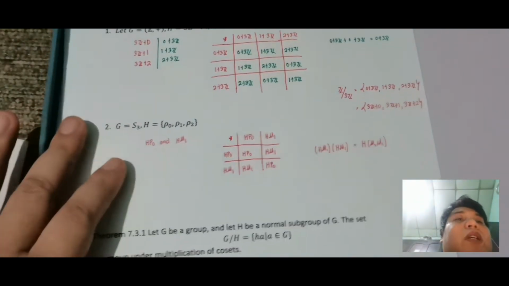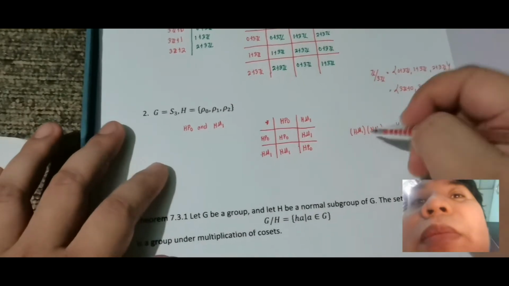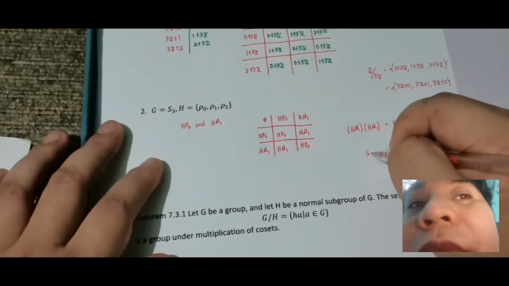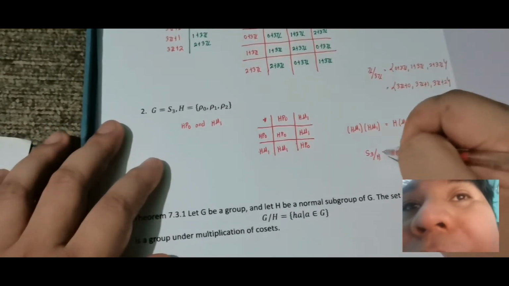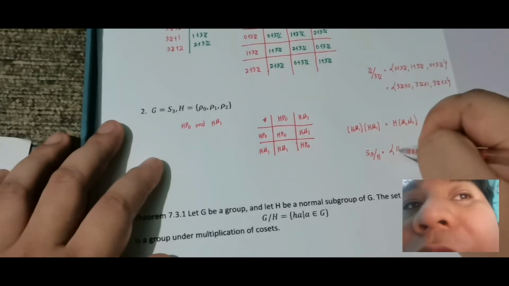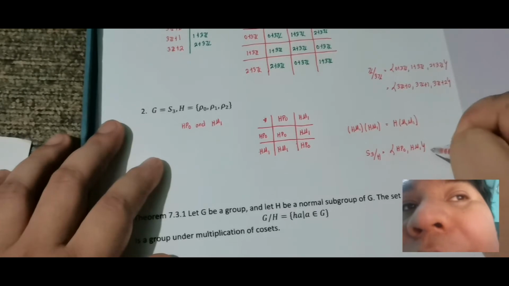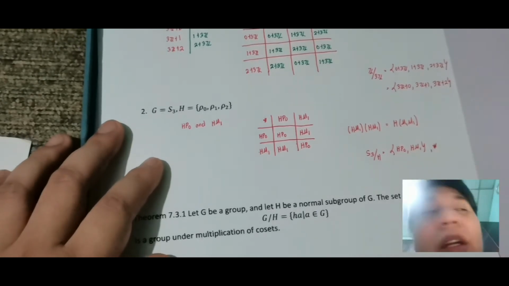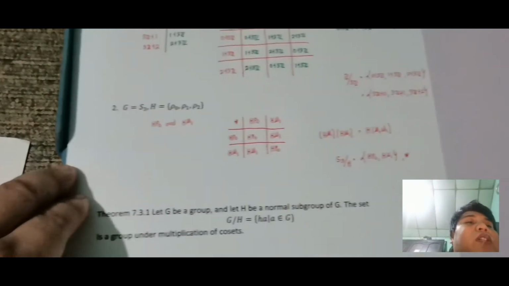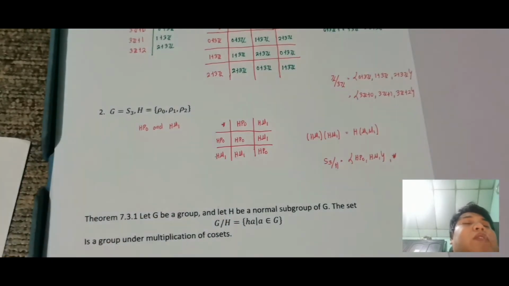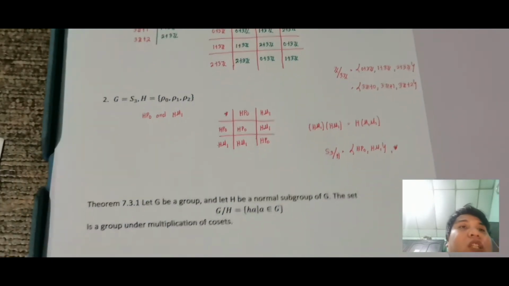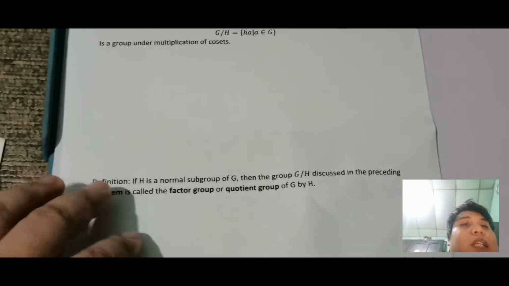So that's the group there. Next, here is S sub 3 by H. This is just equal to the set containing H rho 0, H mu 1, comma, asterisk. So this is a quotient group, the quotient group or the factor group of S sub 3 by H. That is how we read it.